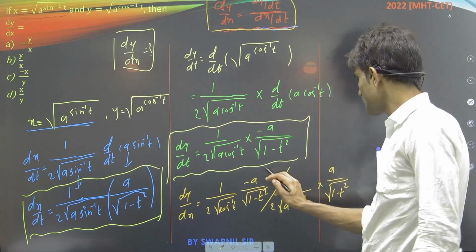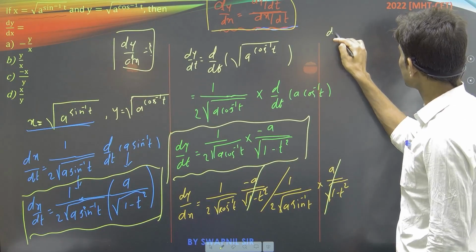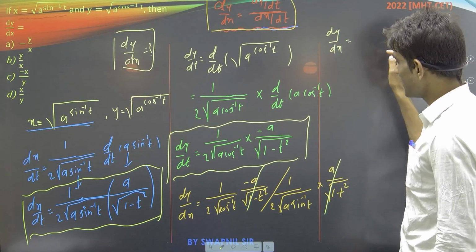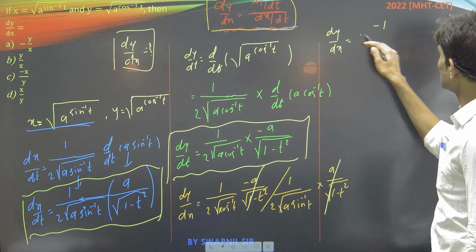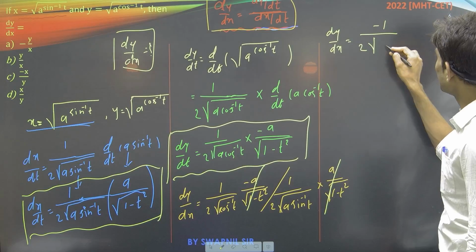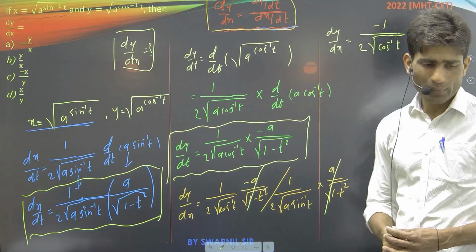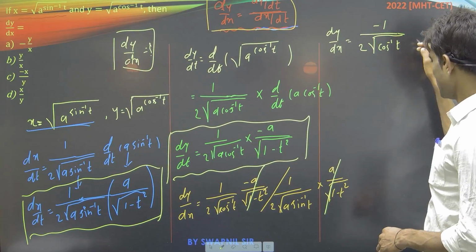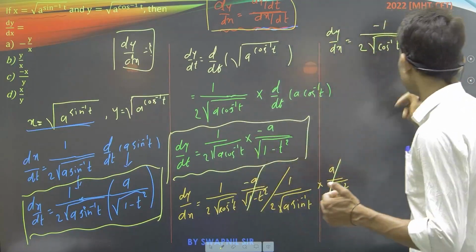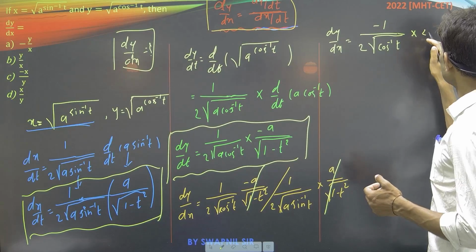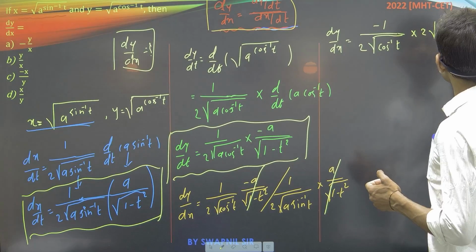So dy by dx can be written as minus 1 upon 2 times square root of a cos inverse of t in the numerator, and in the denominator we have 1 upon 2 times a sine inverse of t. The denominator of a denominator goes to the numerator, so multiplied by 2 times square root of a sine inverse of t.